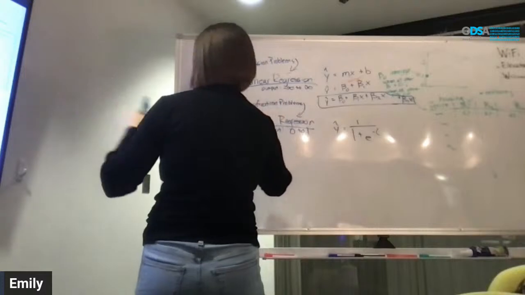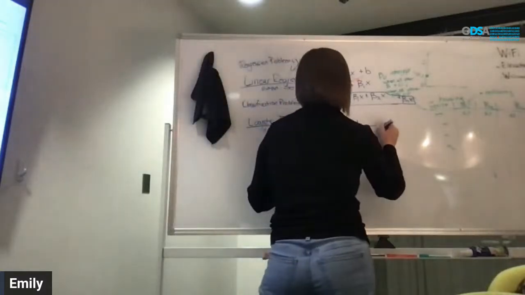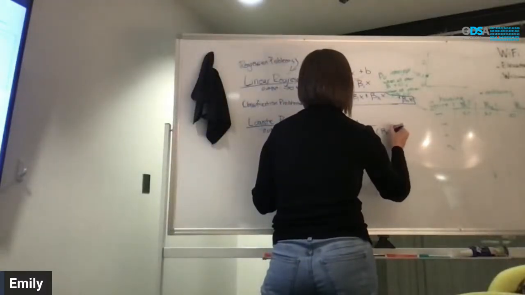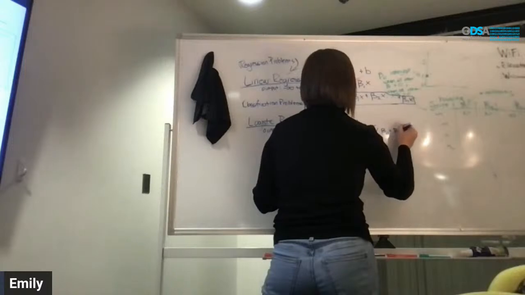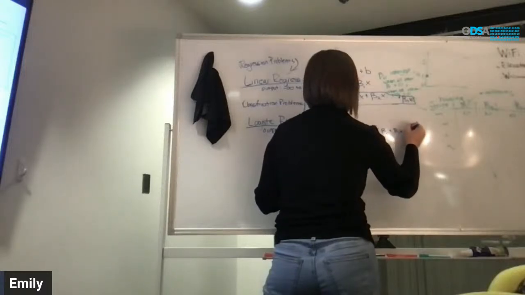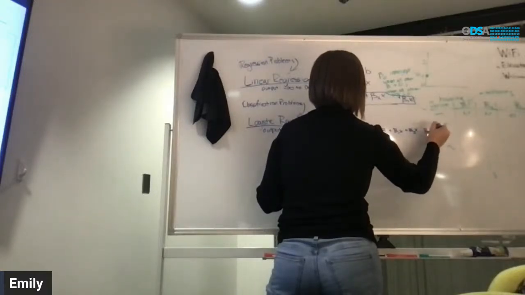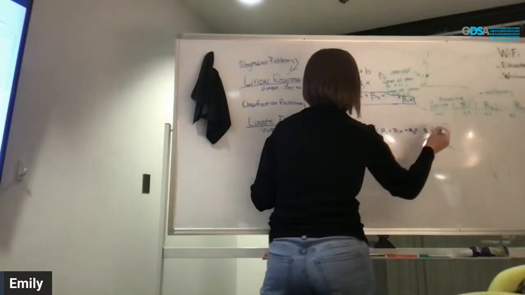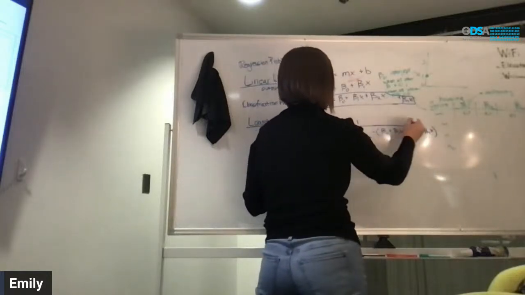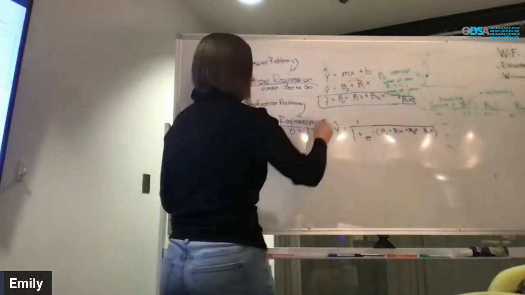So that's why I'm rewriting it here. So it's this beta sub naught plus beta sub 1 x plus beta sub 2 x all the way to beta sub n x. There we are. Sorry. Got really long here.